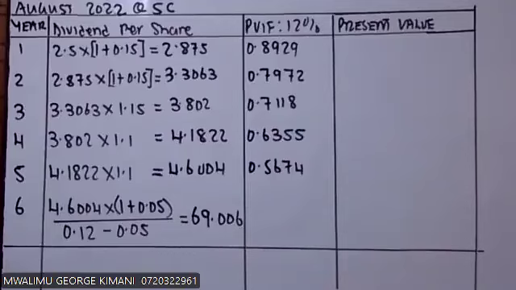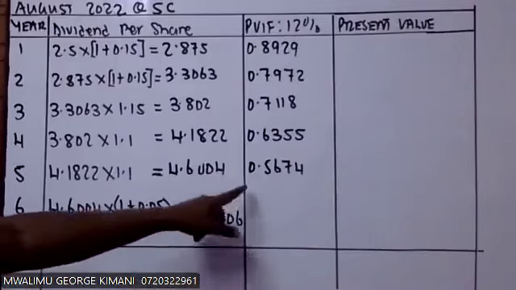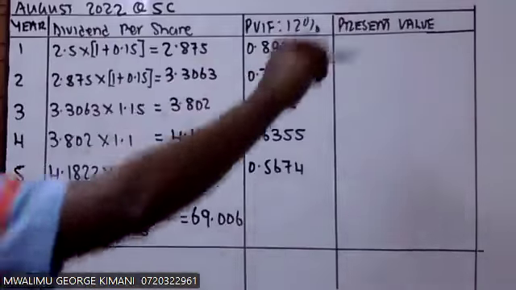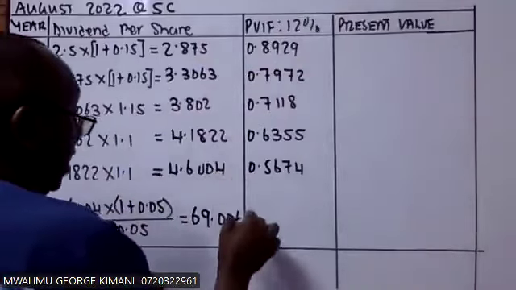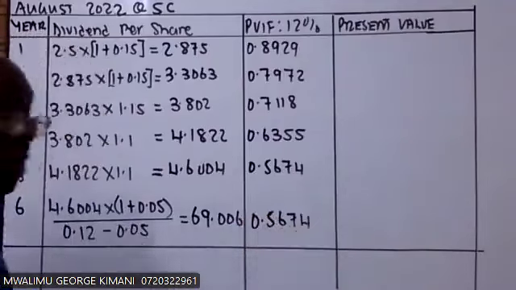Next. Oh, sorry. Now this one, when you are growing to perpetuity, we use the same. It's good to note, when you're growing to perpetuity, you use the last year's factor here. So we use this one when you're growing to perpetuity.